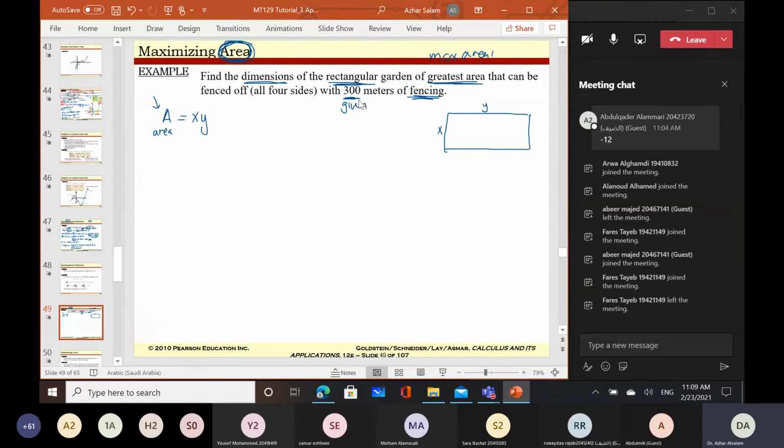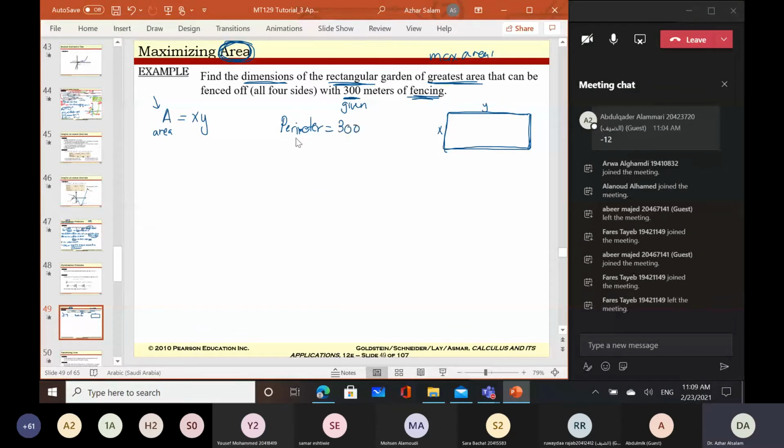What's the given information? 300 meters of fencing. Fencing, اللي هو السياج, is placed around the garden. Okay, I put the fencing around the garden, so it's only the perimeter. فقط محيط الحديقة. Only the perimeter. So here the perimeter equals 300.